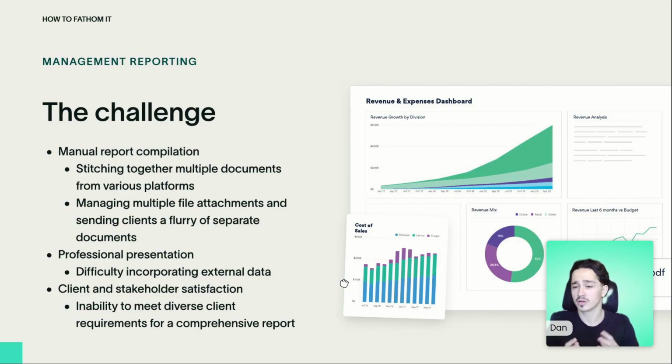We also found that users were struggling to present data to clients in a very digestible and clear way. That's where Fathom can assist with professional presentation and the ability to incorporate external data. A huge one, of course, is client and stakeholder satisfaction, and the inability to meet diverse client requirements to build out a fully comprehensive report.